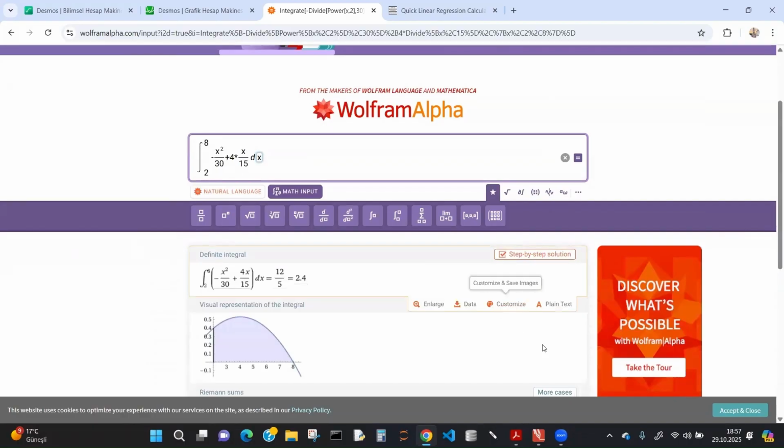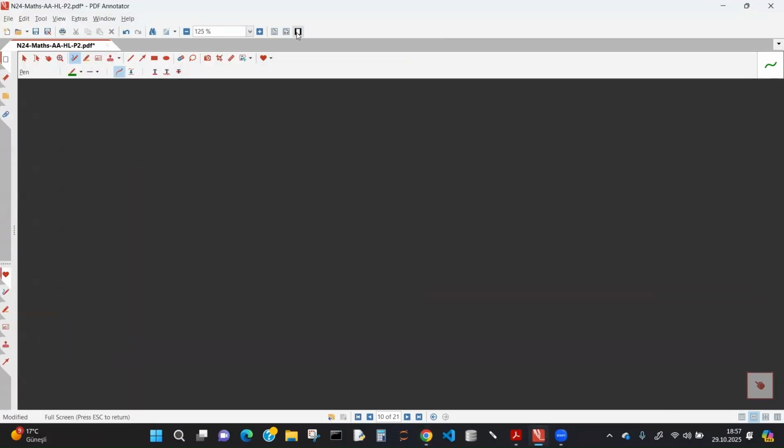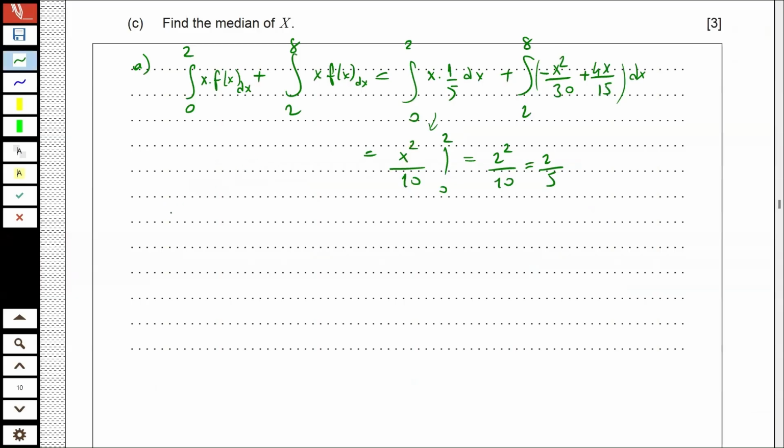It is 2.4. So in total, it will be 2 over 5 plus 2.4, which is 0.4 plus 2.4 equals 2.8.